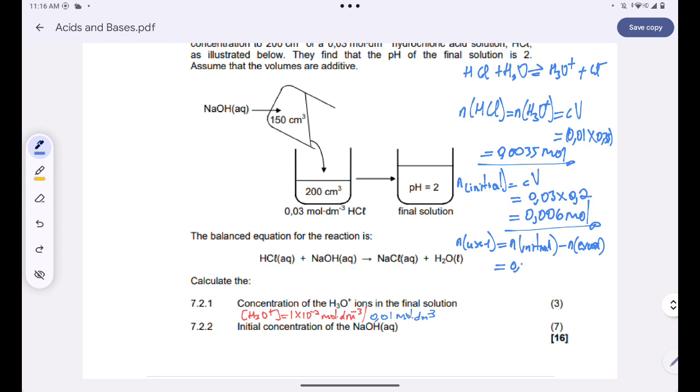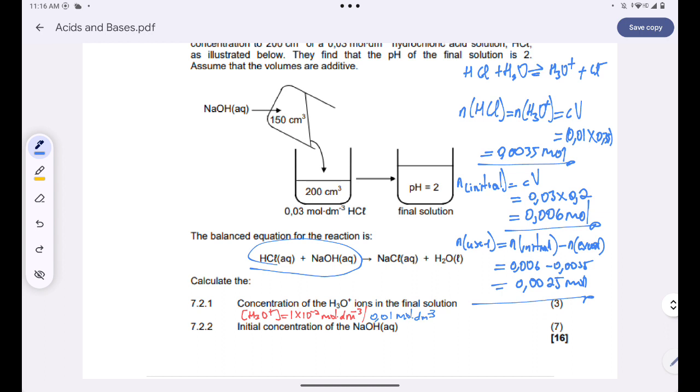I have 0.006 minus 0.0035. This will give me 0.00, I believe it's 25 moles. Let me confirm. 0.006 minus 0.0035. Yeah, it's 0.0025 moles.